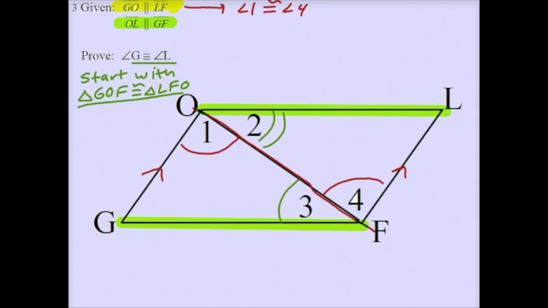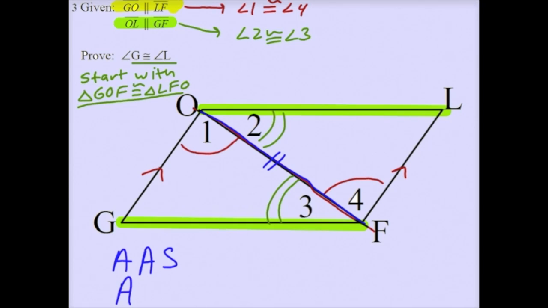Angle 3 is created by a green line. And so that means that angles 2 and 3 are congruent because OL is parallel to GF. So we've got two pairs of angles. The way that this particular image is drawn, we've got a shared segment, OL. And since we have two pairs of angles, we can either use AAS or ASA.